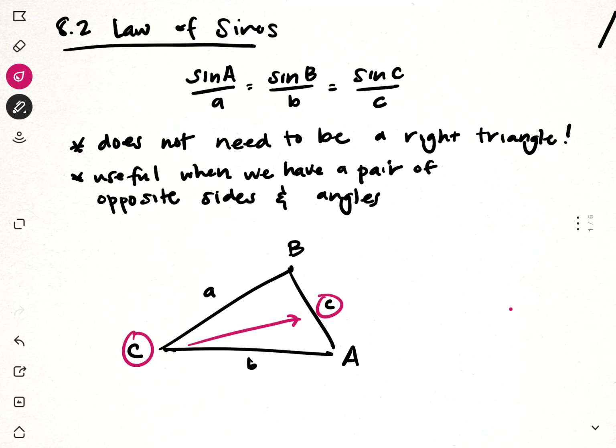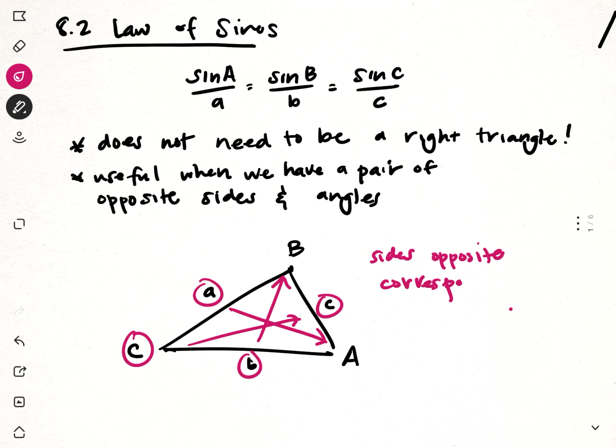Same with little b and big B, and little a and big A. So it's very important to note that when we're setting this up, each of those little letters, the sides, are opposite the corresponding angles. When we set these triangles up, we are operating under the assumption that the sides are labeled corresponding to the angles and they're opposite each other.